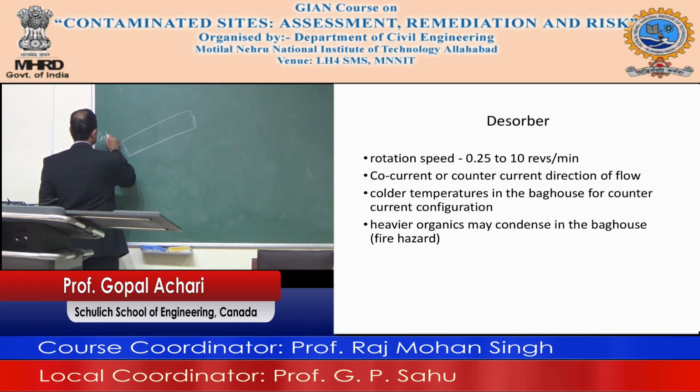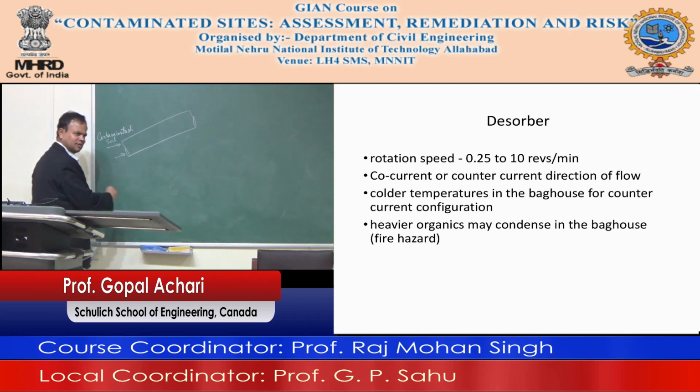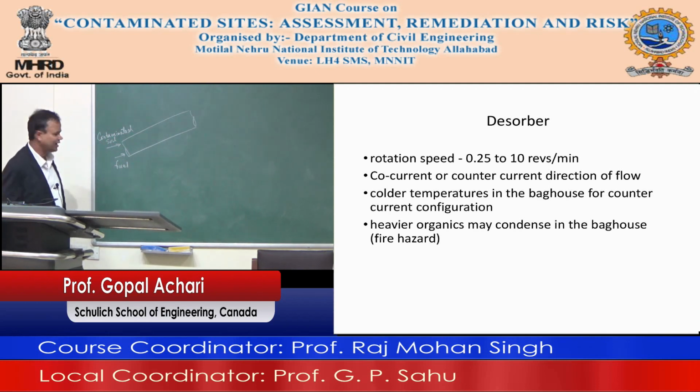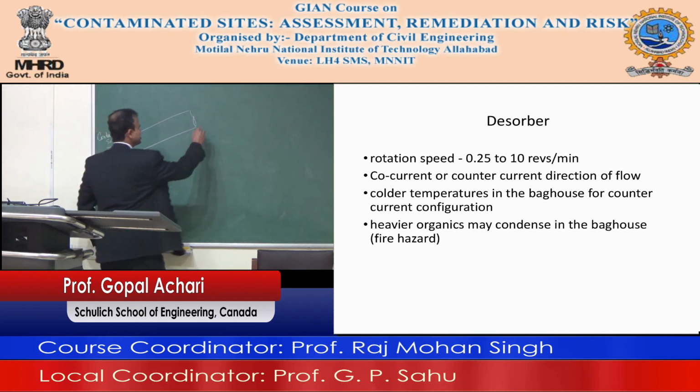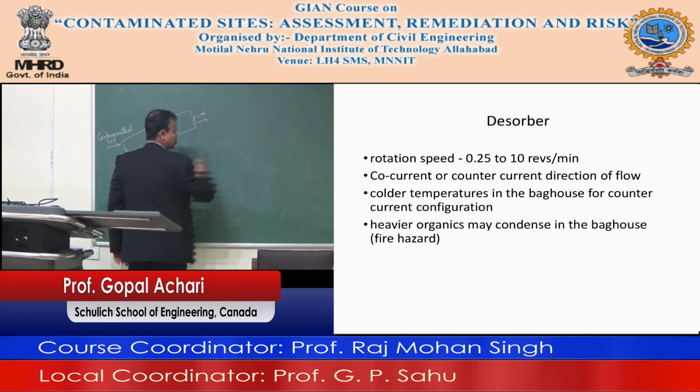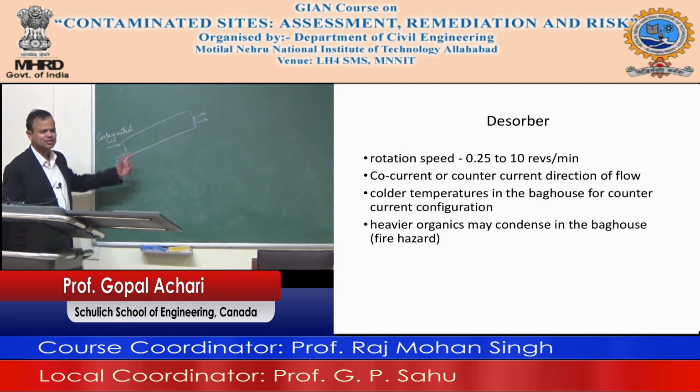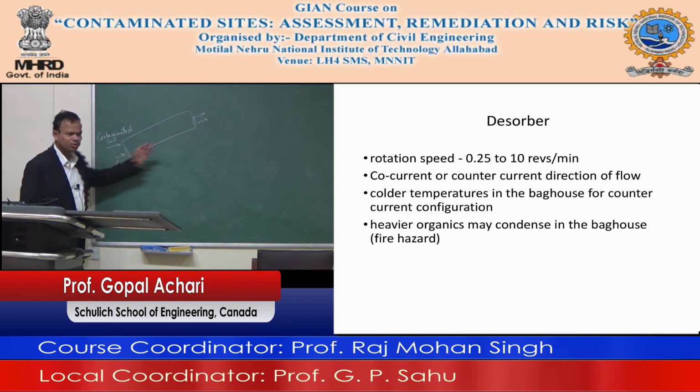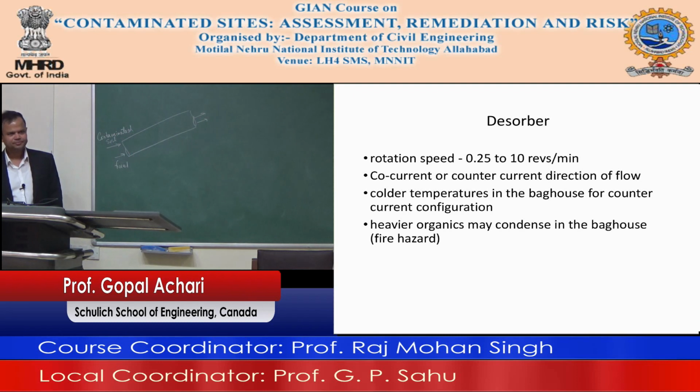That's your contaminated soil. And you can put your fuel here as well. When they both come out from this side, whether it is the soil or the burned gases, that is known as co-current. They're both going in the same direction.